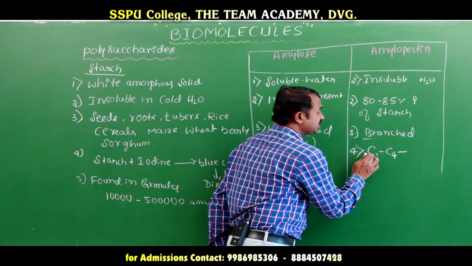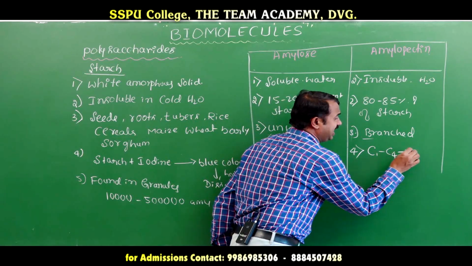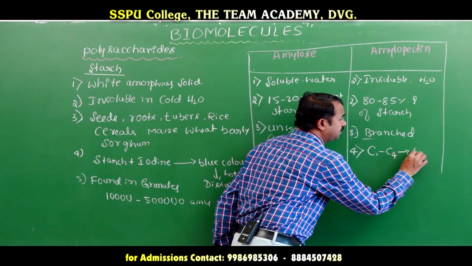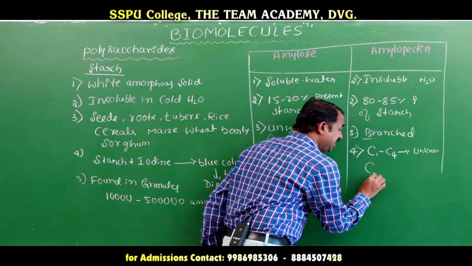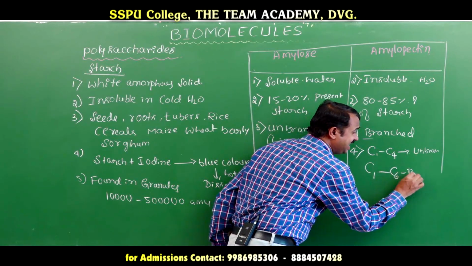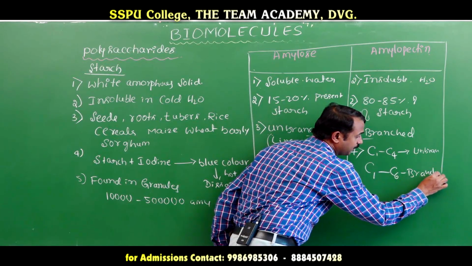Here also C1 to C4 gives a straight, unbranched chain, and C1 to C6 gives a branched structure.